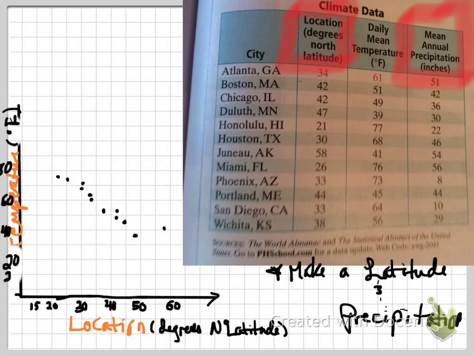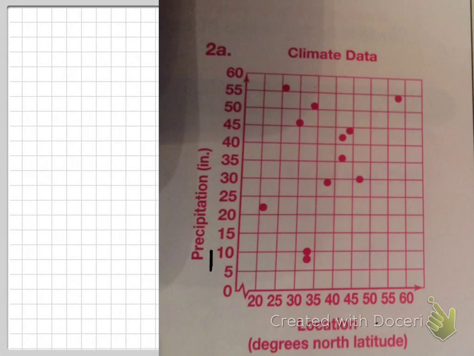There's a steady decline as temperatures get lower as you go upward in terms of latitude. Here you don't see that same trend. Here you see the data is really scattered all over. There isn't such a trend.